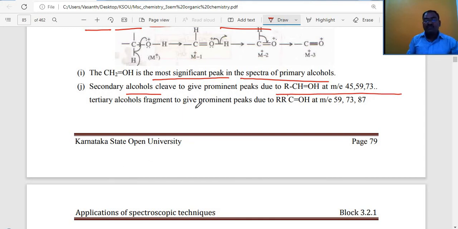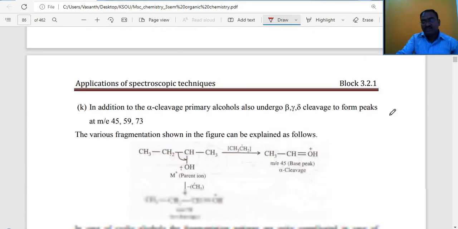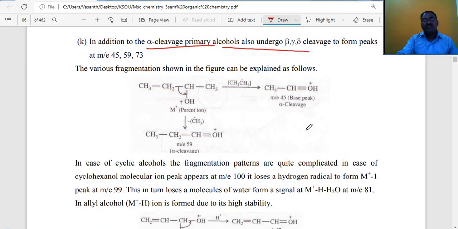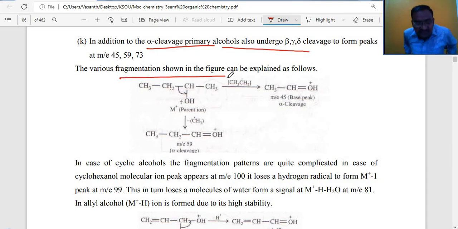Tertiary alcohols fragment to give prominent peaks at 59, 73, 87. In addition to alpha cleavage, primary alcohols also undergo beta, gamma, delta cleavage to form peaks at m/e 45, 59, 70. These are the various fragmentations as shown in the figure.